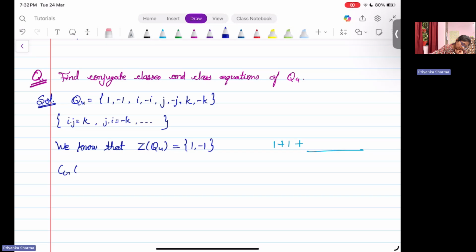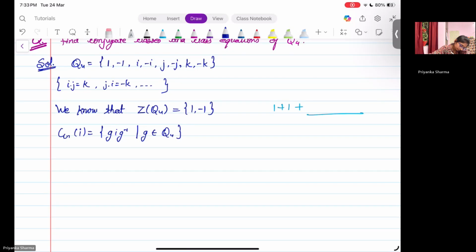Conjugacy class of I, what will be that? That will be G I G inverse such that G belongs to Q4.